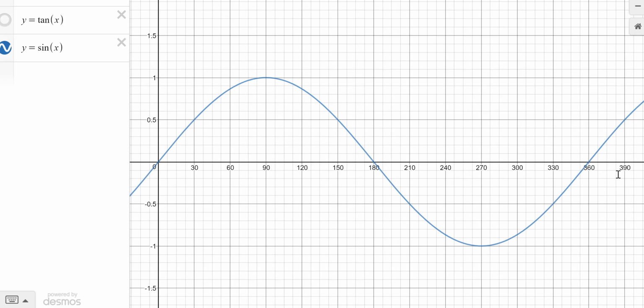Now the cos graph looks similar to this. Here it is in green, but it just seems to be out of phase. So instead of starting at 0, it starts at 1. Instead of rising up to 1, it drops down to 0, and in fact drops all the way down to -1, just like the sine one does, but it's 90 degrees out.